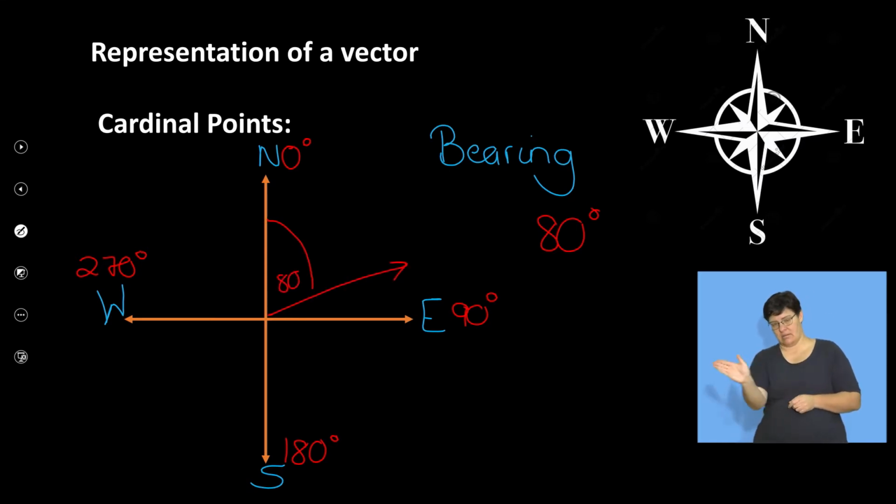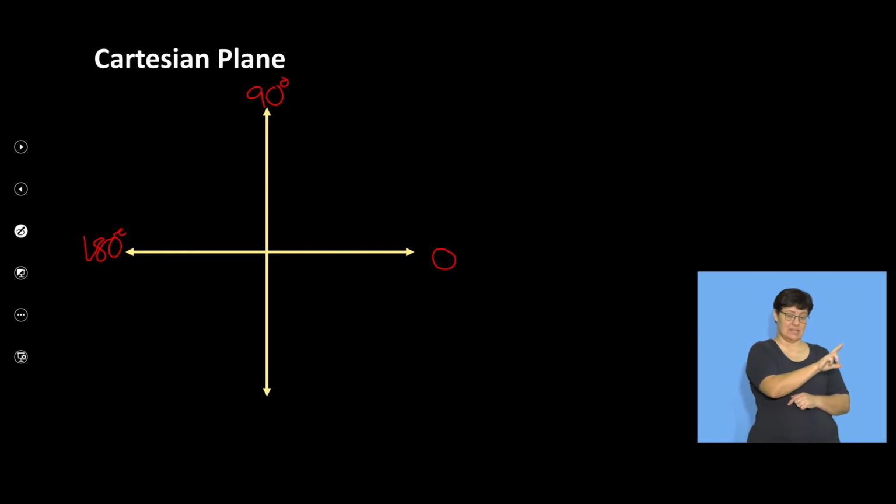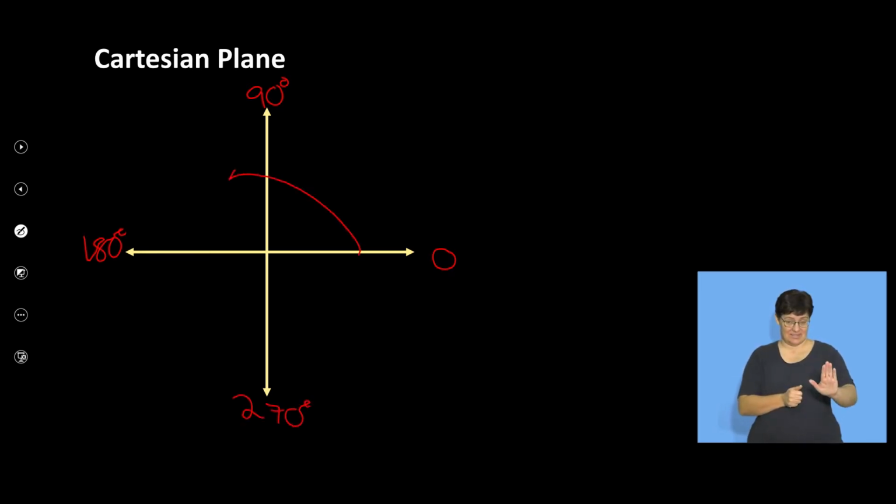That's 80 degrees. When we're looking at the Cartesian plane, I just want you to see the difference. This is 0, that's 90, that's 180, and that's 270. And now we measure the angles that way around. We don't want to use the Cartesian plane. We're going to use cardinal points.